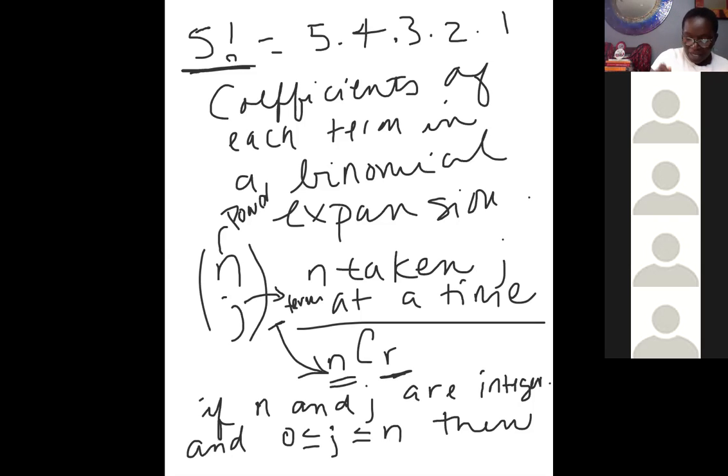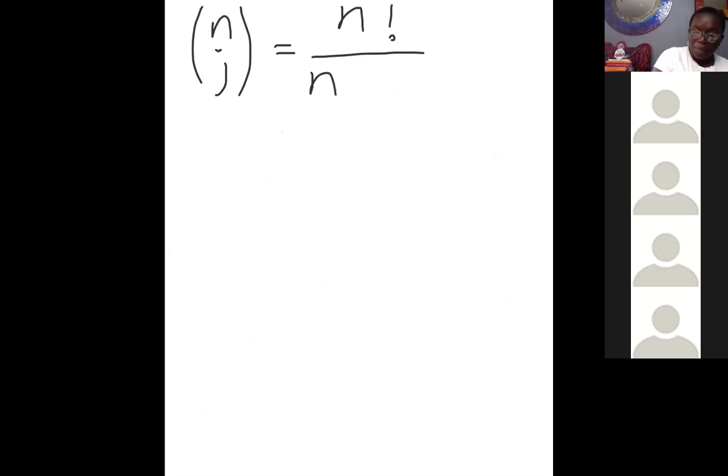All right, so guys, that n choose j is a formula, and it stands for n factorial over n minus j factorial times j factorial, okay?